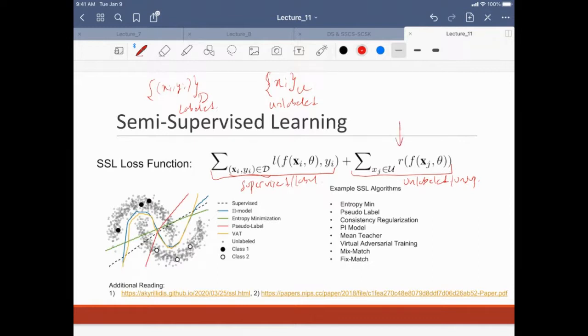So in pseudo labeling, you take your same supervised loss function L, you have your f of x_i comma theta, and here you apply your y hat to be the hypothesized labels. This is nothing but f of x_i comma theta hat, where theta hat is the model trained on the labeled set.